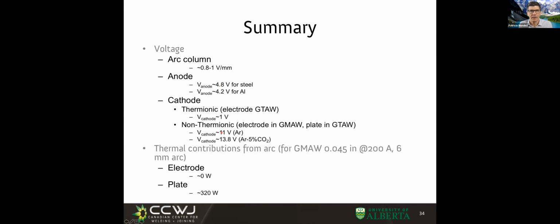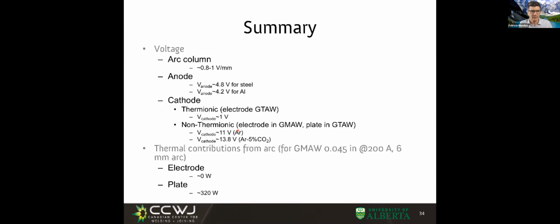The non-thermionic cathode, the one that is not for refractory materials, the one in which the electrons don't come out just on their own, but you have to rip them out, the voltage is much higher. Let's say, argon CO2, so of the order of 13.5 volts for the non-thermionic cathode, or 11 volts for a non-thermionic cathode in pure argon.